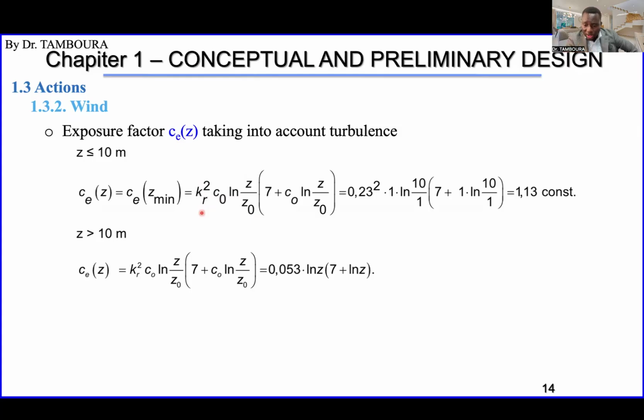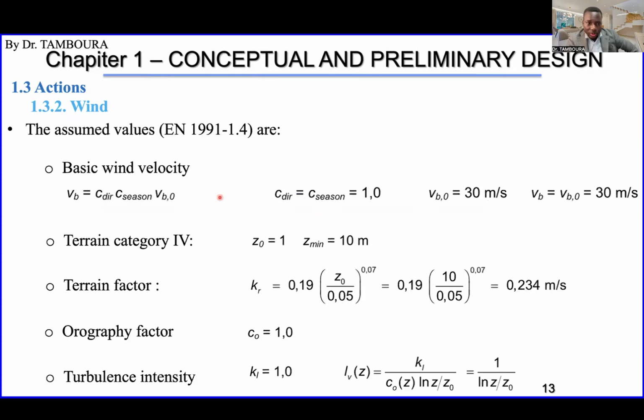KR and C0. In the previous slide, this one, C0, we obtain here according to Eurocode 1 for this building, and this KR is here. We calculated this here also.